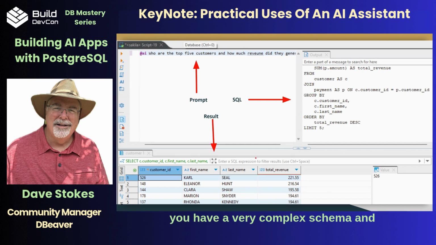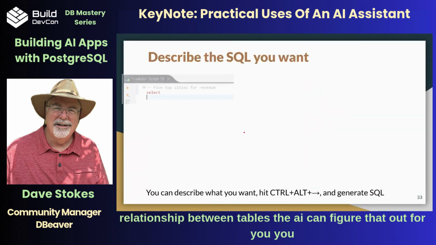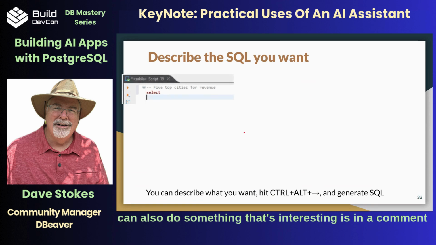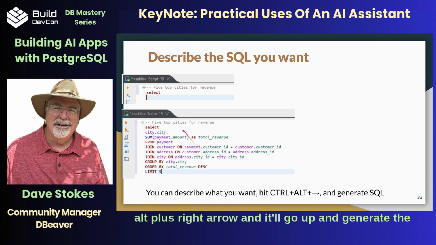If you have a very complex schema and relationships between the tables, the AI can figure that out for you. You can also do something interesting: in a comment, dash dash, the comment start, 5 top cities for revenue, type in the word select, and then Control Alt plus right arrow, and it'll go out and generate the SQL for you.